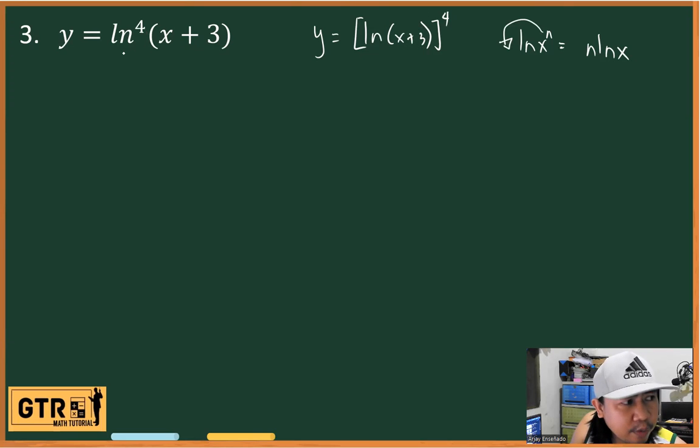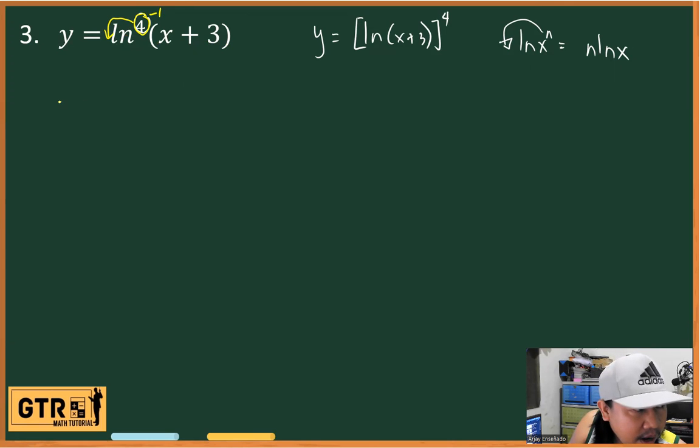Okay? So therefore, we will use the chain rule for this. If we have an exponent, what are we going to do with it? We use the chain rule. So multiply 4 to ln and then subtract 1 from the exponent, and then times the derivative.